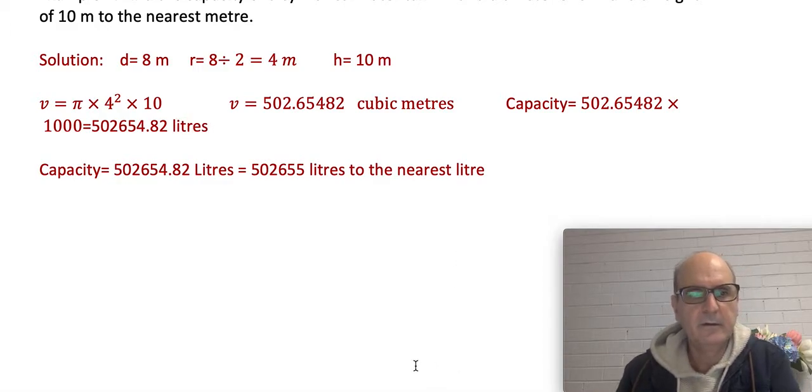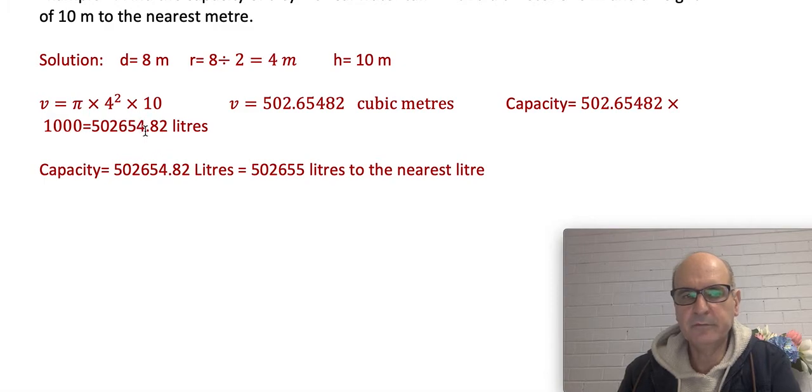That's that many liters. If you want to give to the nearest liter, it means we don't need to have any decimal place. So we got to get rid of this 8. So the whole decimal point will go. But before we drop the decimal point, because this is 8, you got to add 1 to the one you're keeping.